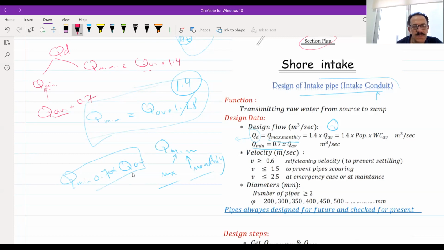By average, I mean the average monthly. Now we need to know these two Qs. And by the way, look at this: population times the average water consumption per month, and times 1 point.